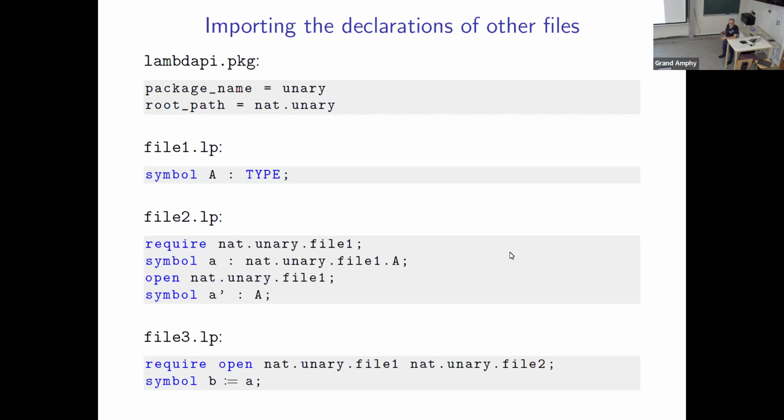When you use open, it will include in your local environment all the definitions of this module, and then you don't need to prefix anymore. But in some cases, there may be ambiguities if the same symbol is defined in two different files. Then you need to prefix it.